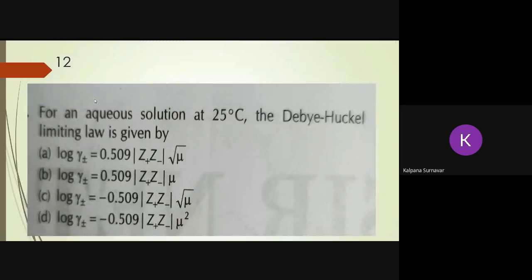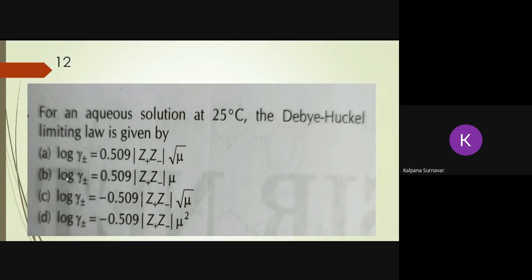Now question number 12 is based on the Debye-Hückel limiting law. The question is: for an aqueous solution at 25 degrees Celsius, the Debye-Hückel limiting law is given by, the options are written here. Log of gamma plus minus is equal to 0.509 mod of Z plus into Z minus into square root of mu.